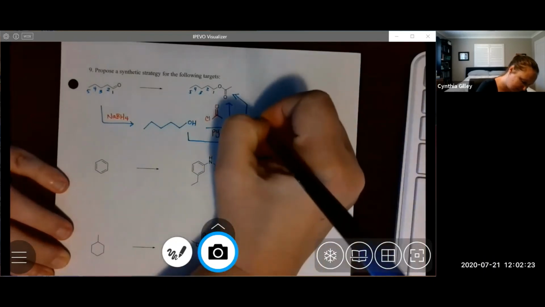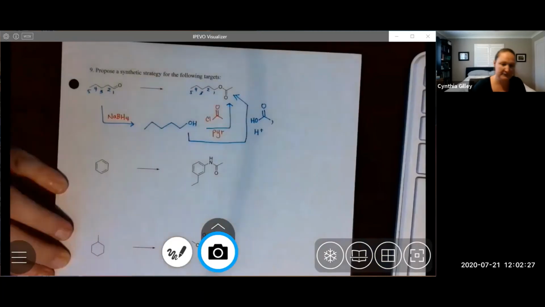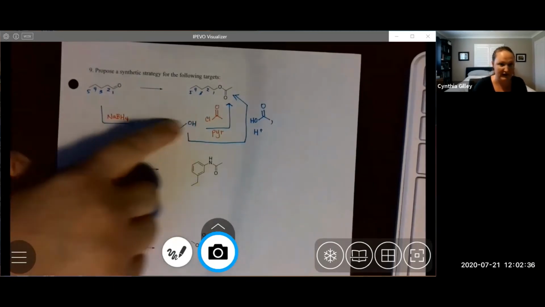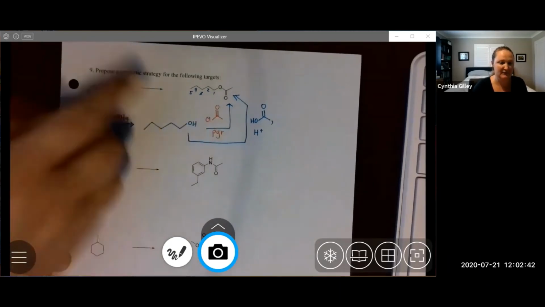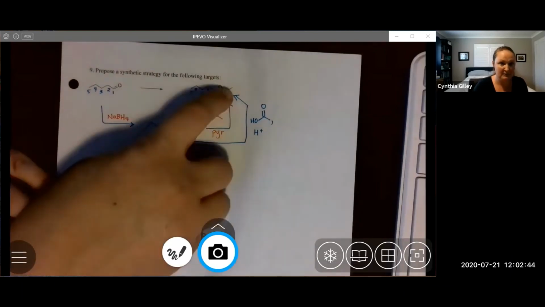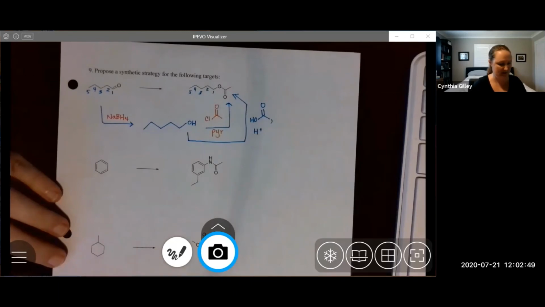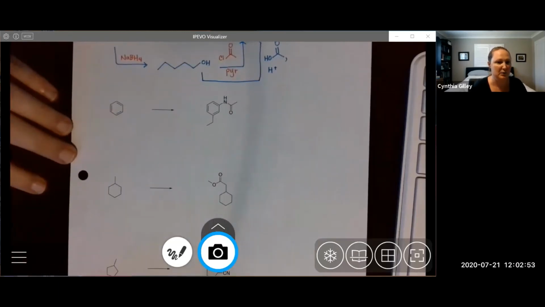So I could have used the carboxylic acid and an acid catalyst, right? And then, let's see. It would be more work to convert this to an alkyl halide, so I don't think I would do that. But if I did convert this to an alkyl halide, then I could use sodium carboxylate, which doesn't make sense in this case, but you could do it. That's the 3rd method to produce an ester.